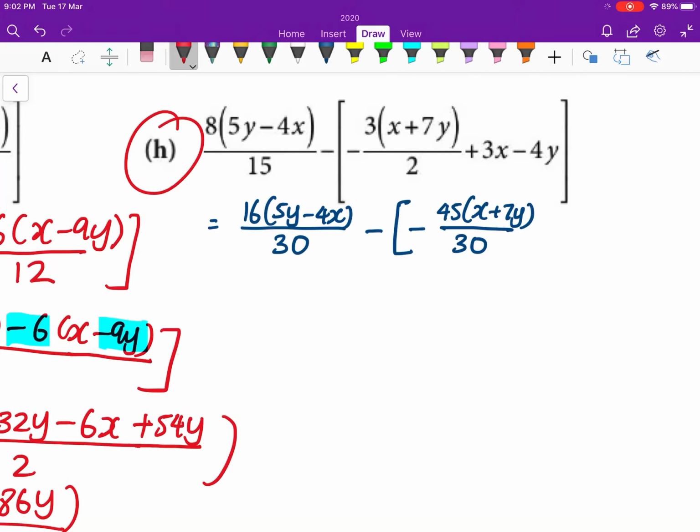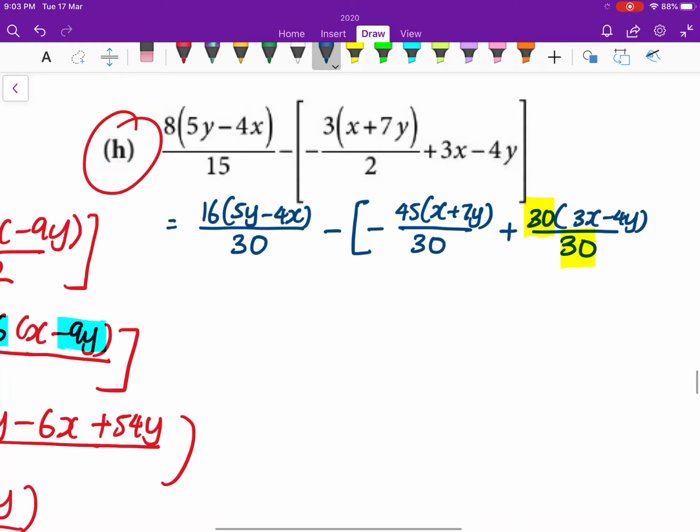Okay, let's continue from here. We have adding 30 and I have a 30 here. 3x minus 4y. Okay, because you multiply 30 on top, 30 below to make common denominator. Right, now we can close the bracket. Let's try to make common denominator within the square bracket.